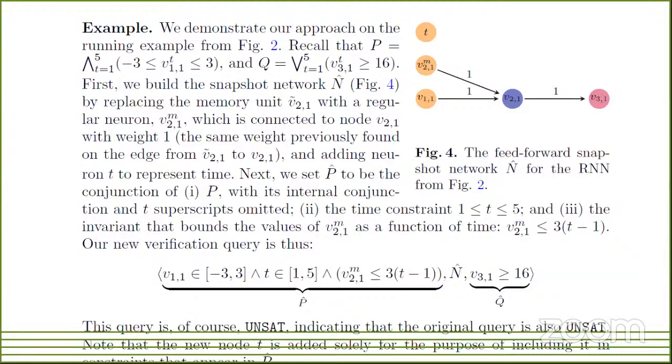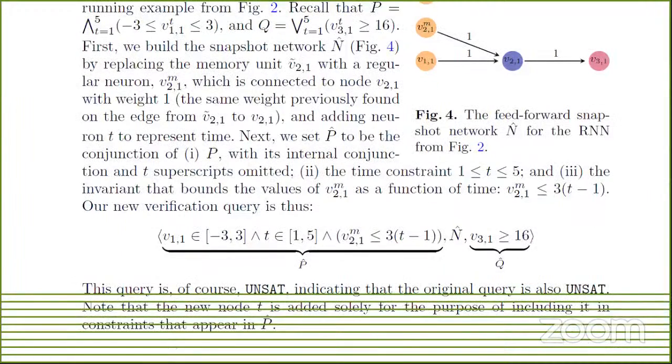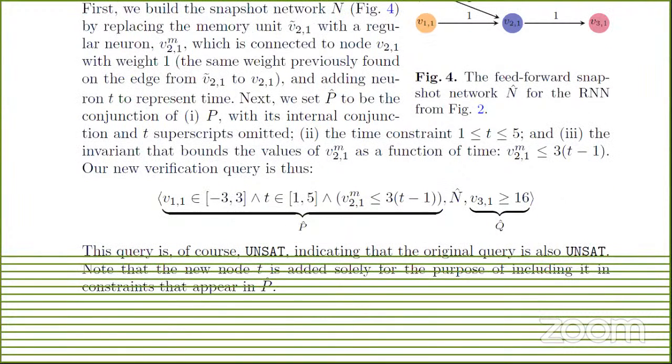What I meant is that if you start in a state where the precondition holds, and if you follow the network, then you will not reach a state where Q holds. This query is unsatisfiable. It is not possible, and therefore the verification query holds, so basically your property holds. The property, remember, was a negation of the post condition.